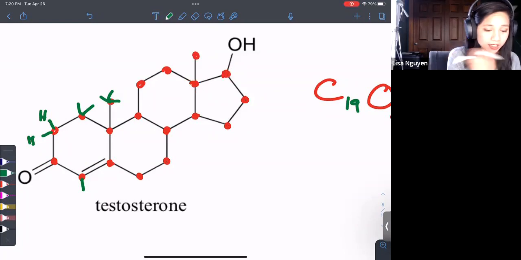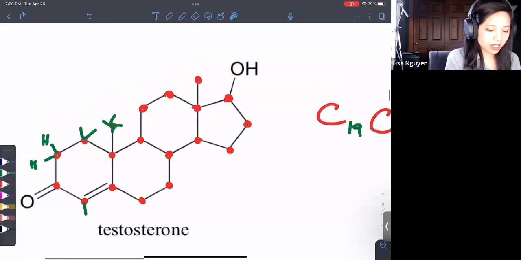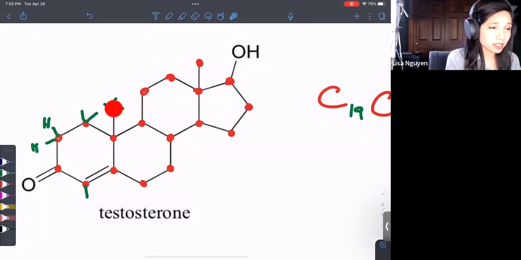So yeah, this carbon has 3 hydrogens because it's on the end here.